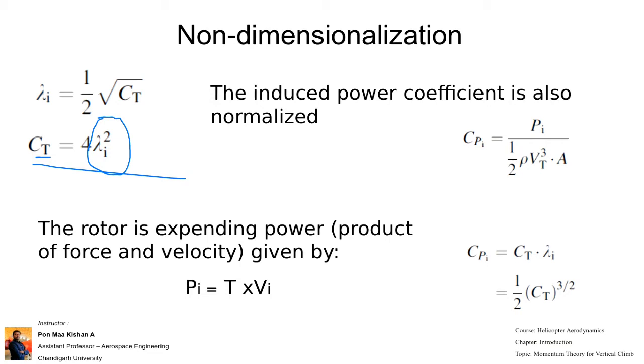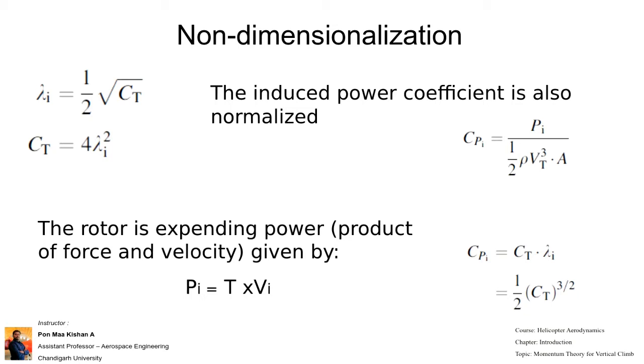The tip speed is omega r, with angular velocity, and the induced velocity is there. The ratio between the induced velocity and the tip speed is given as lambda I. So the coefficient of thrust required for hovering the helicopter has to be 4 times the square of lambda I. That is what it is indicating.